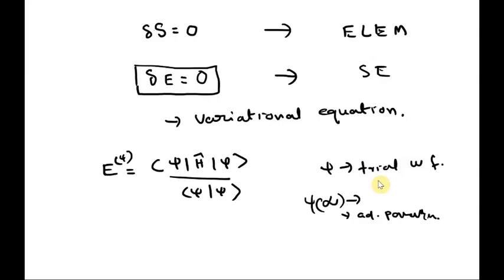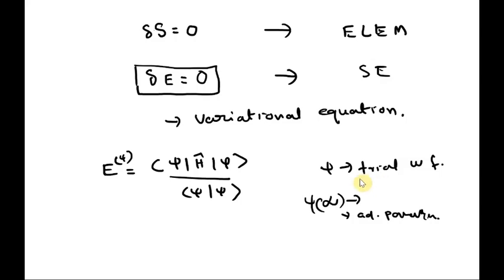This is going to be an approximate solution, and the solution is going to be more accurate when you take a very suitable wave function, that is, a wave function close to the actual solution. If you are able to guess it well in the first place, you will have a very good approximation. Otherwise, the quality of the approximation depends upon the quality of your wave function.